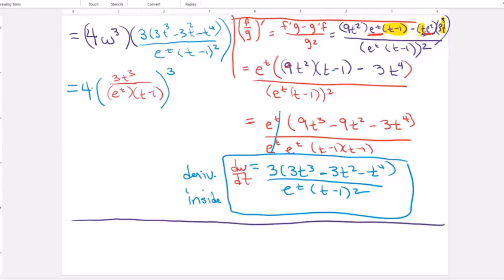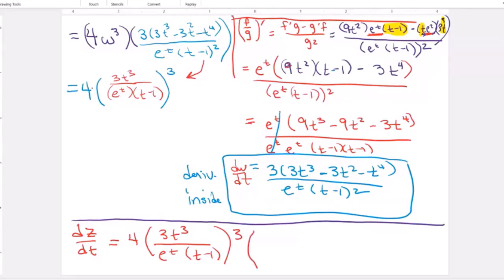So I have dz/dt is equal to 4 times 3t cubed over e to the t times t minus 1, that whole thing to the third power, times, and I've got 3.